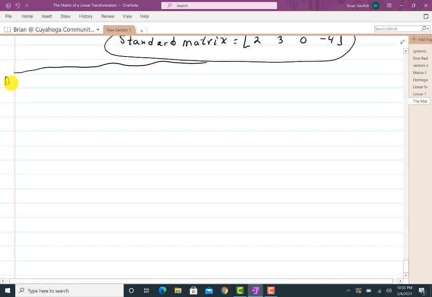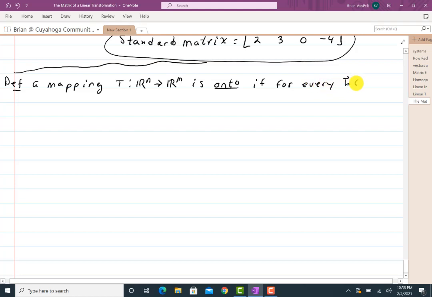Next, I want to move on to a definition. A mapping, just another word for a function, T from Rn into Rm is onto if for every b in Rm there exists x in Rn such that T of x equals b.